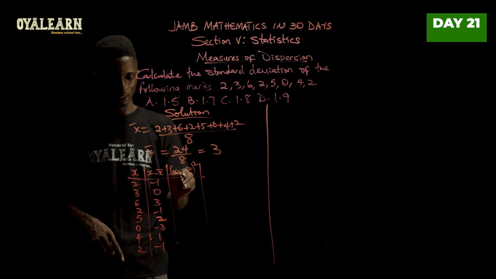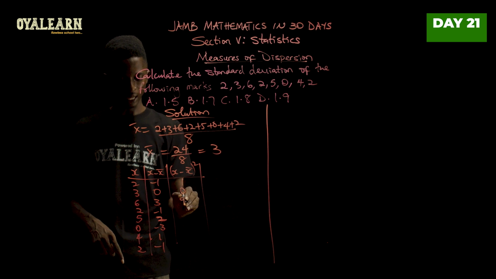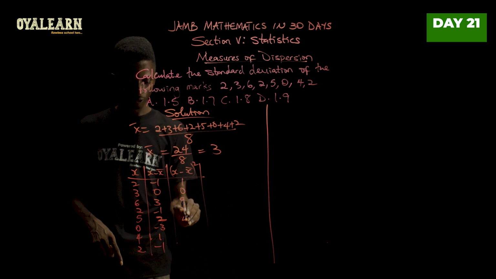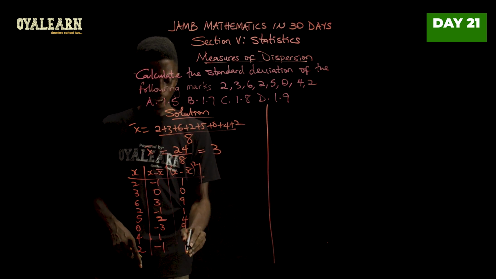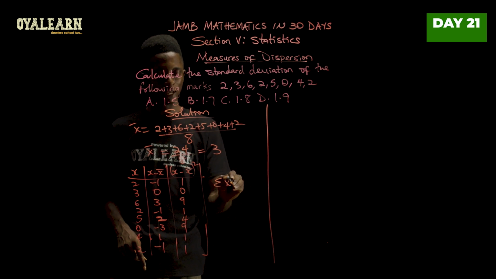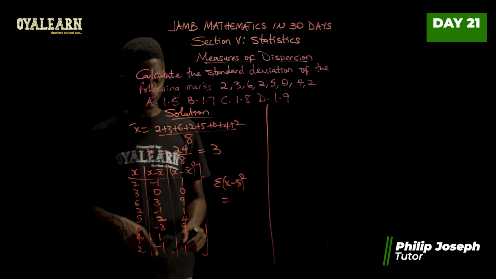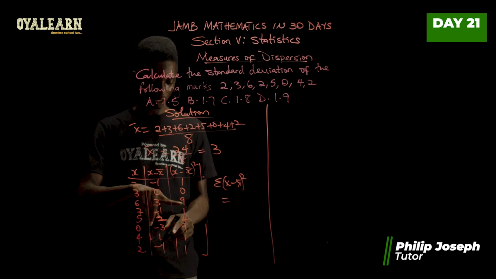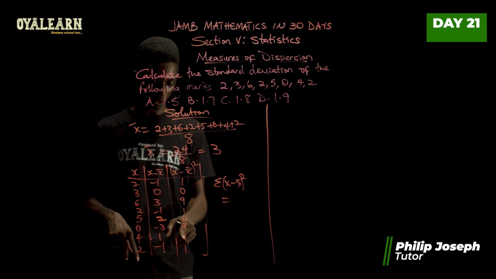Now let's square that. This will be 1, 0, 9, 1, 4, 9, 1, 1. And when we add all of this together, you can see that summation x minus x bar squared will therefore be 1 plus 9, that's 10. 1 plus 9, that's 10, that's 20, 24, 25, 26.